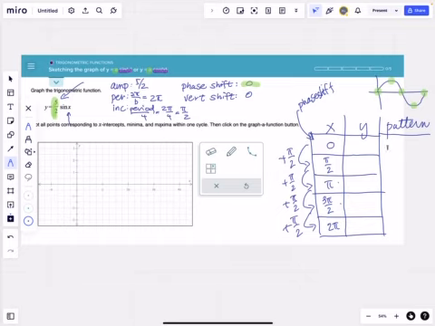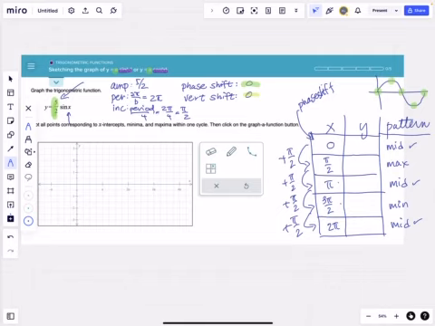So what did we say? We said middle, maximum, middle, minimum, middle. Now, every cell that is next to the middle thing here, that is going to be our vertical shift. And our vertical shift, in this case, we know to be what? 0.